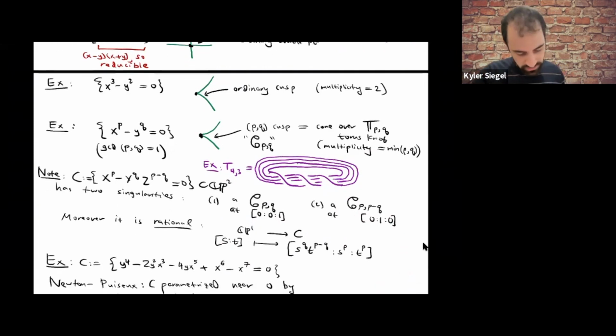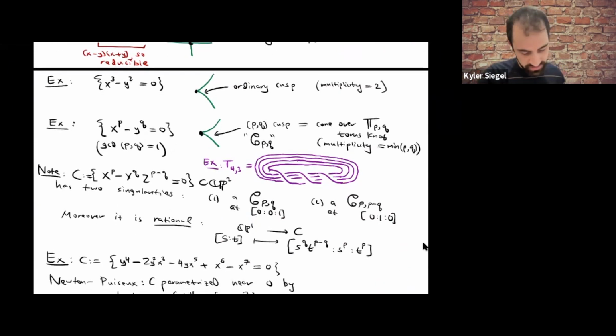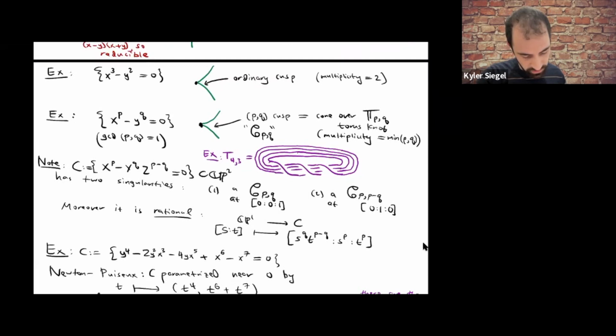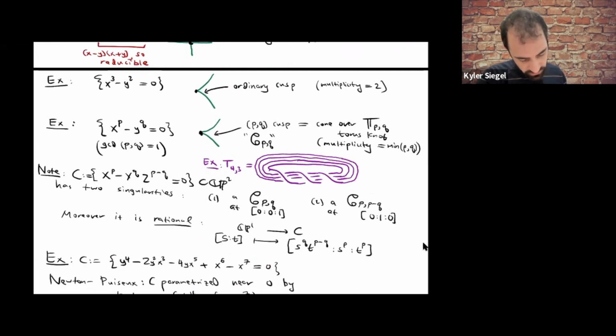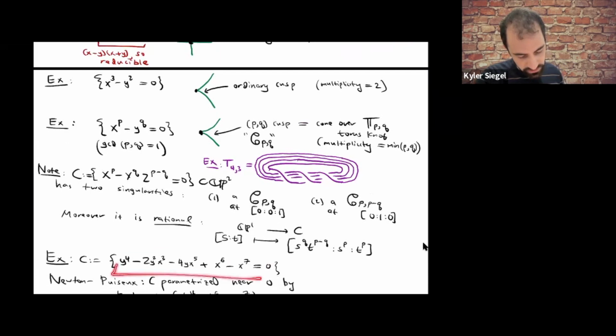Okay, so here's a more complicated polynomial, just some degree 7 polynomial in 2 variables. So in general, when you're given a polynomial, and it has a singularity at the origin, or at least it contains the origin, there's an algorithm which allows you to understand the singularity at a given point, which I think goes back to Newton.